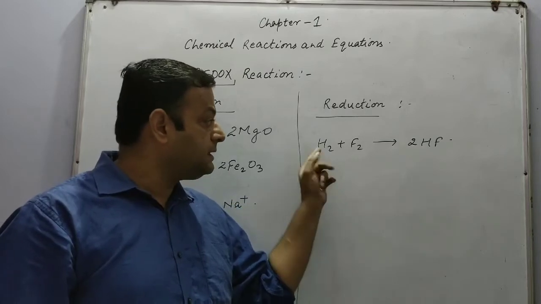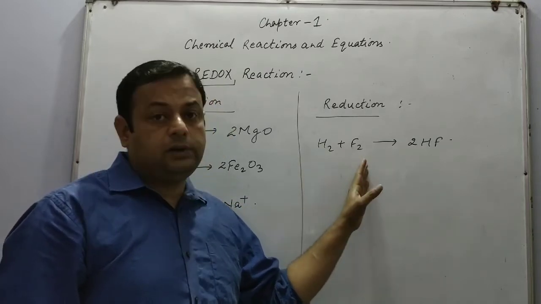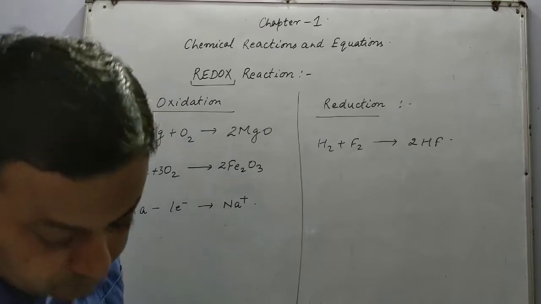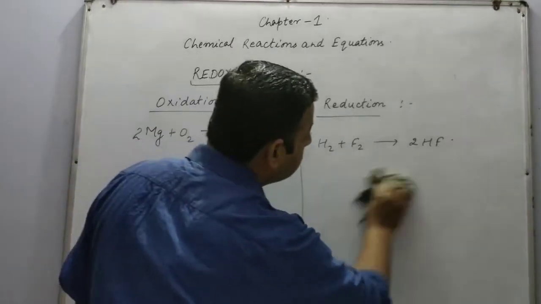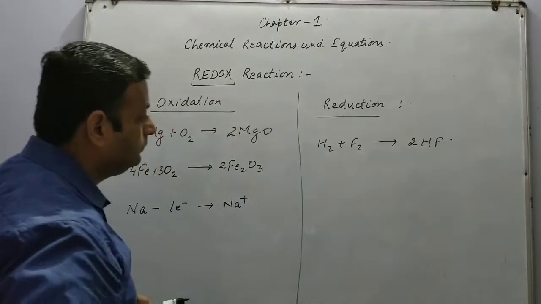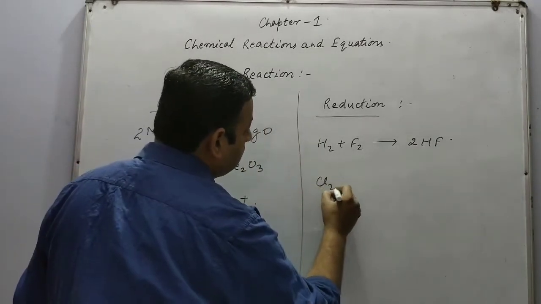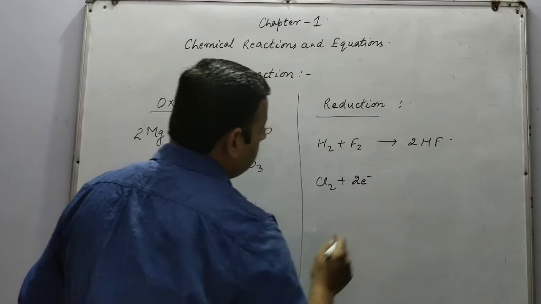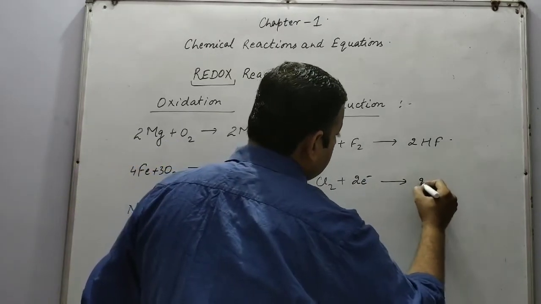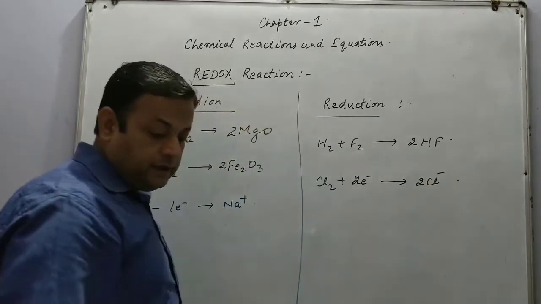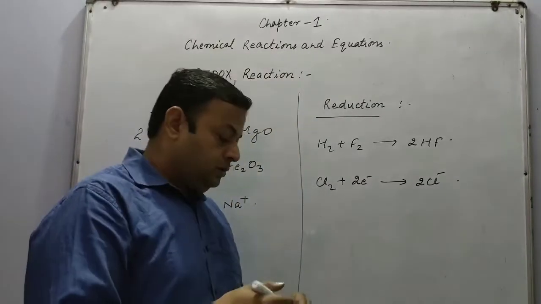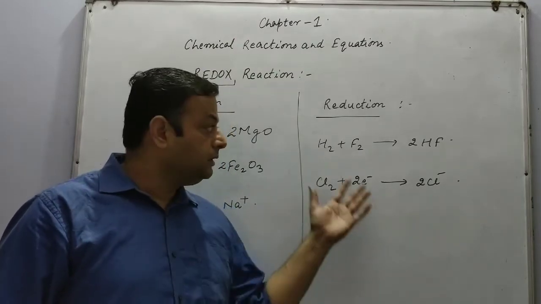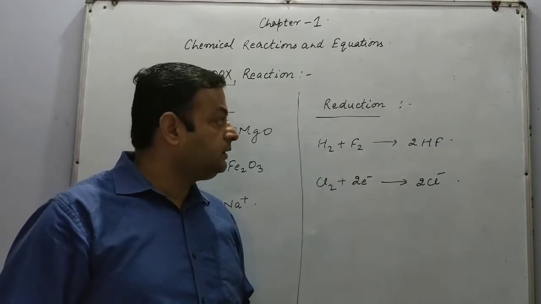Now in this case, hydrogen is added to fluorine, so addition of hydrogen means reduction. This is another reaction in which two electrons are being added to chlorine gas to form chloride ion. So these are the examples showing the reduction reaction.